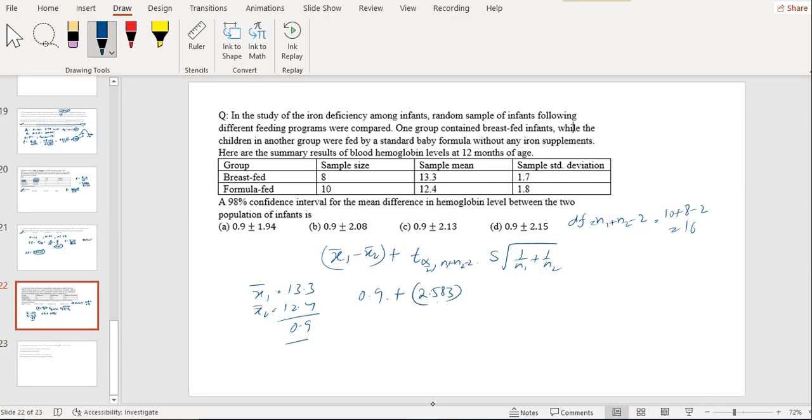2.583 into capital S, where capital S square is equal to n1 s1 square plus n2 s2 square upon n1 plus n2 minus 2.